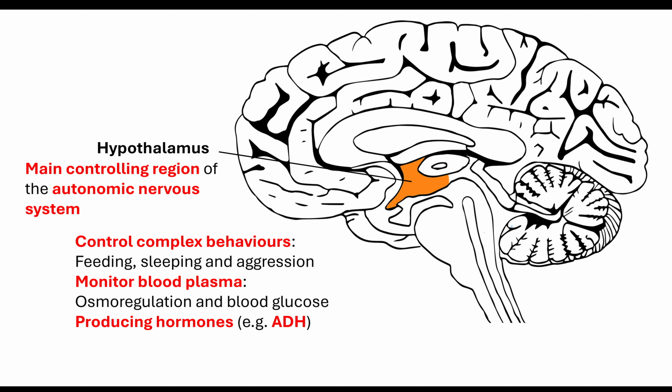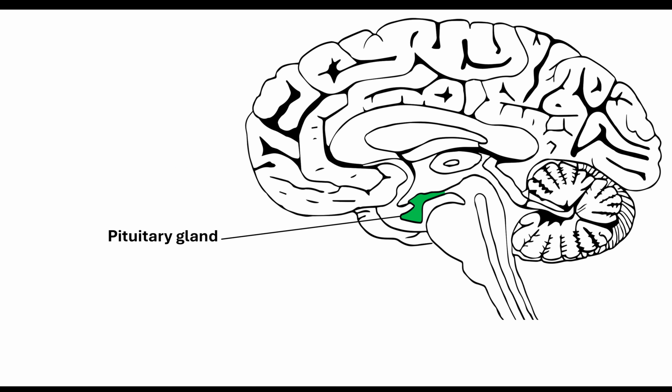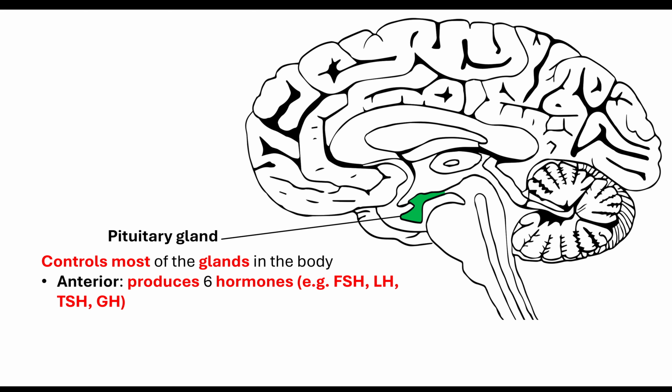Very close to the hypothalamus is your pituitary gland. Your pituitary gland is the one that is going to control most of the other glands in the body, and it does that through the production of hormones. The anterior part of the pituitary gland produces 6 hormones, things like FSH, LH, TSH, GH.